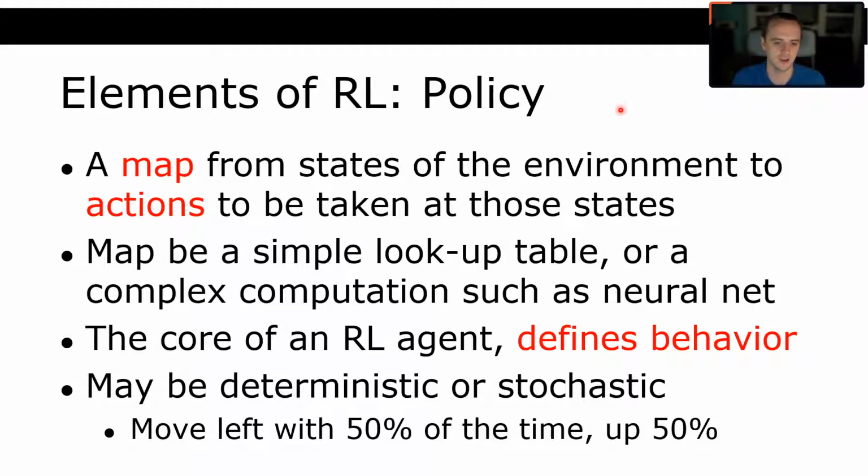So it could say, move left 50% of the time, move up 50% of the time. It could say in poker, you want to go all in 30% of the time, you want to fold 50% of the time, and you want to stick 20% of the time, right? So your policy is a mapping from states of the environment to probability distributions over your actions.